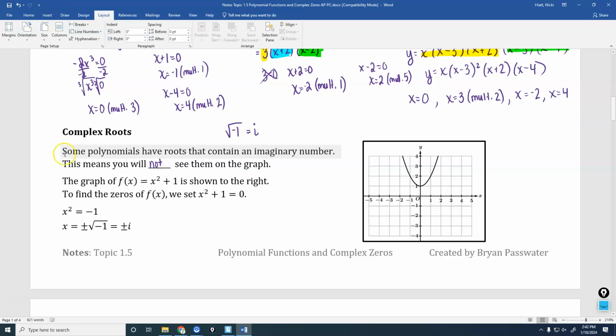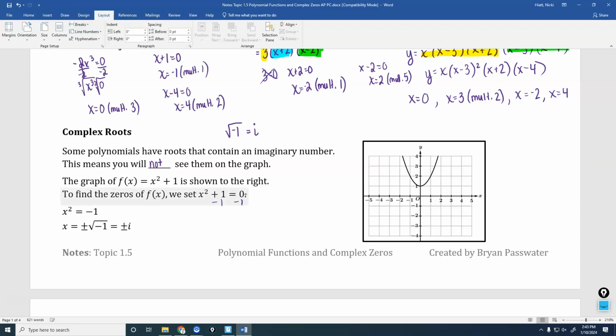So here's a really good example to look at for this. For example, here we've got the graph of f of x equals x squared plus 1. It's just a quadratic that's been moved up 1. And so you can see it does not cross the x-axis at all. So if we want to find the zeros for this, we would set x squared plus 1 equal to 0. And to solve that, we would subtract 1 from both sides.